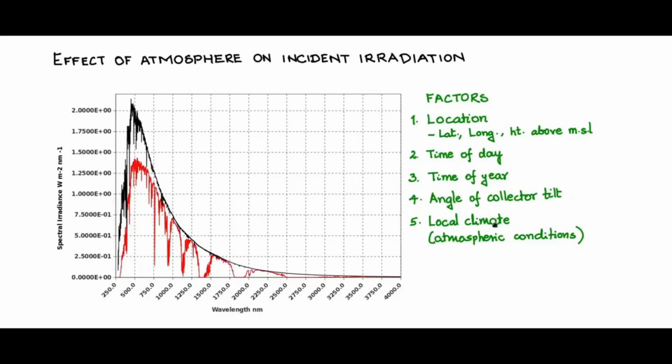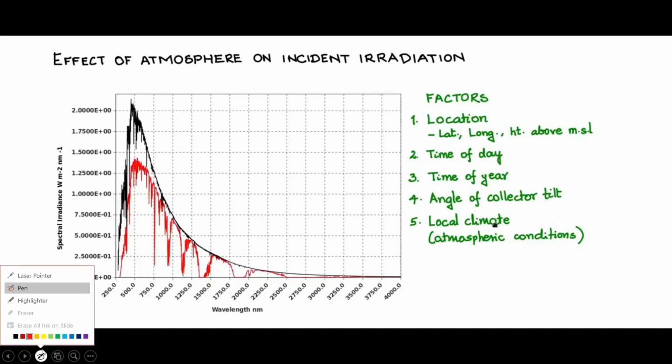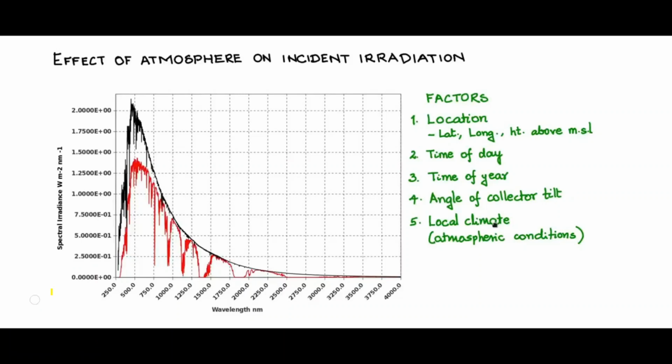Now if you observe here, some portion of our solar irradiance before the atmosphere and after the atmosphere has been lost.